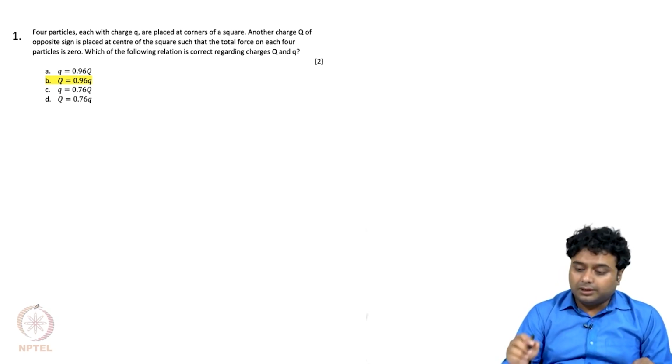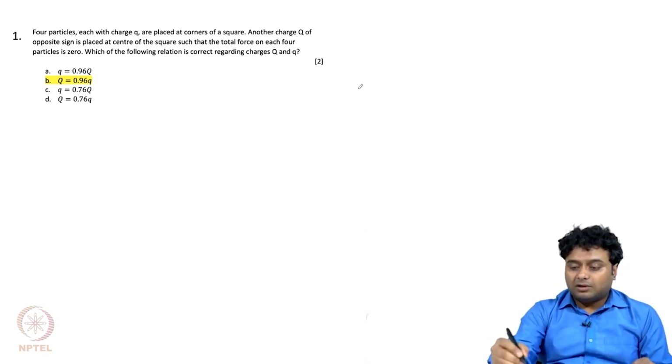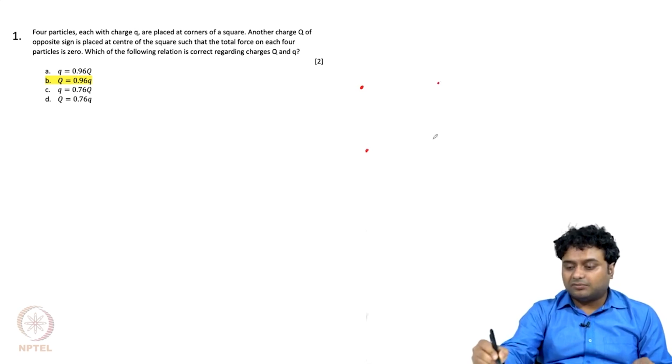So for that we need to see how the forces are acting. So let us say these are the 4 charges which are placed at the 4 corners of a square, and in the middle there is an opposite charge.